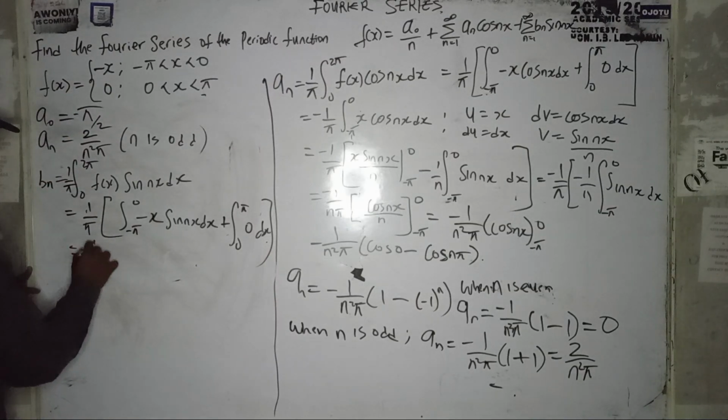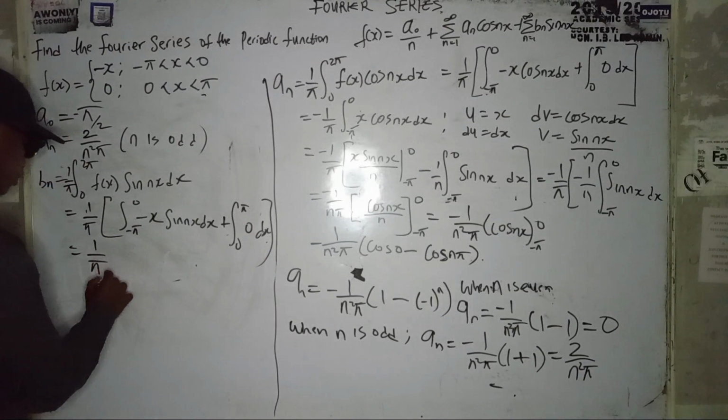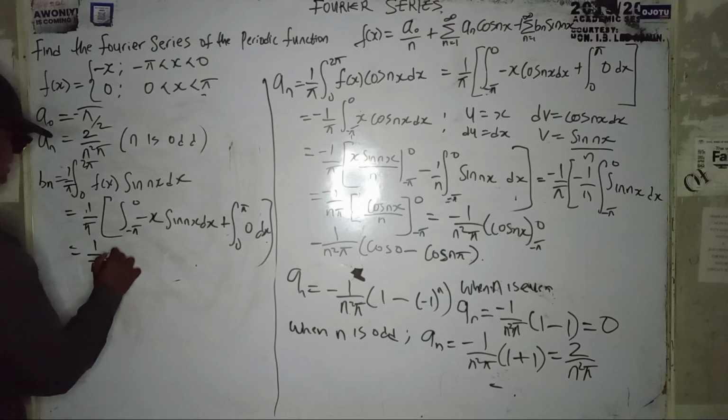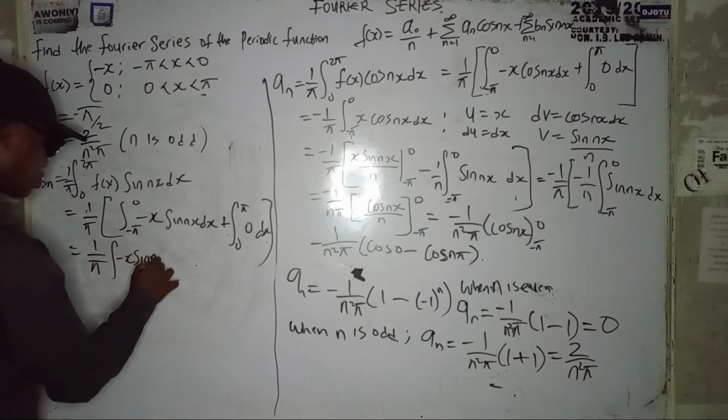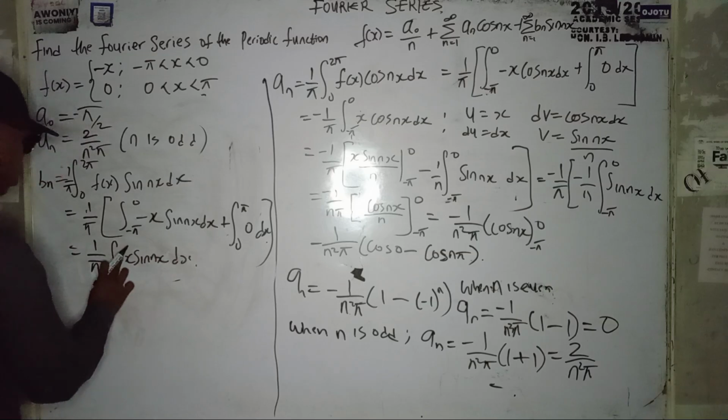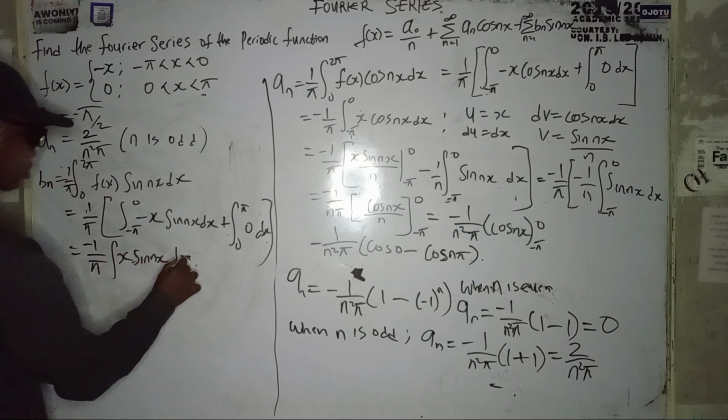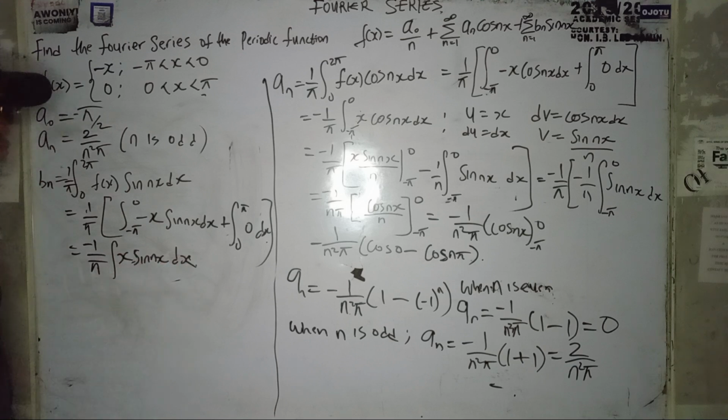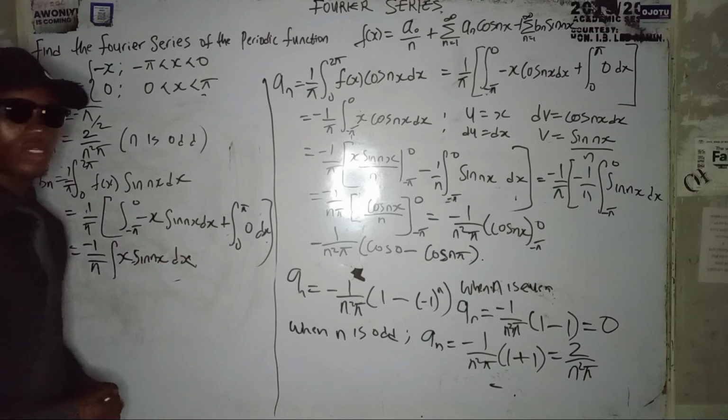So this will become 1 over pi, the integration of minus x sine nx dx. The minus can just come outside, and therefore we are going to have the integration of x sine nx dx.